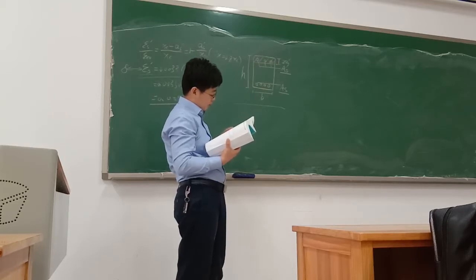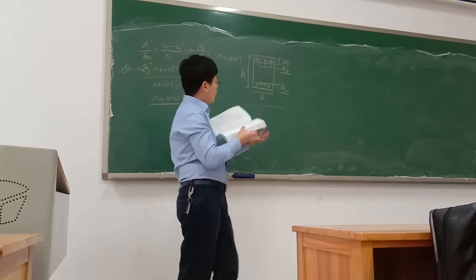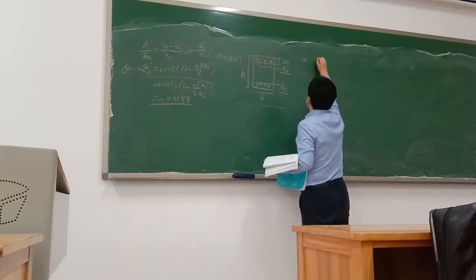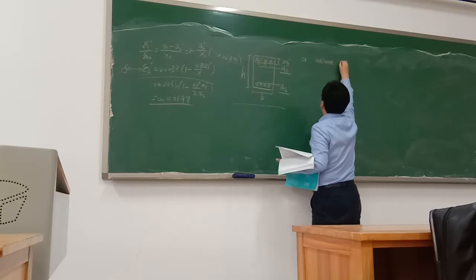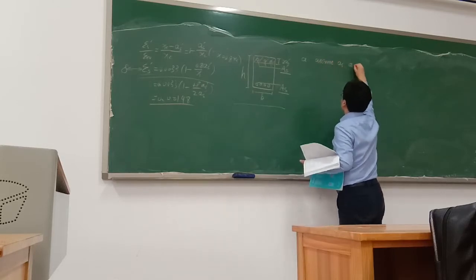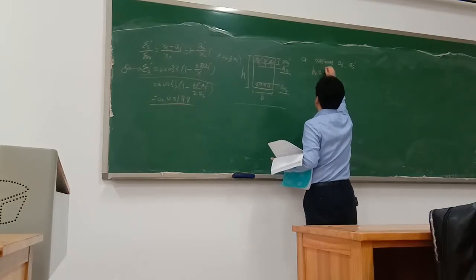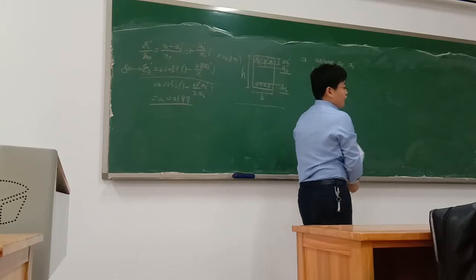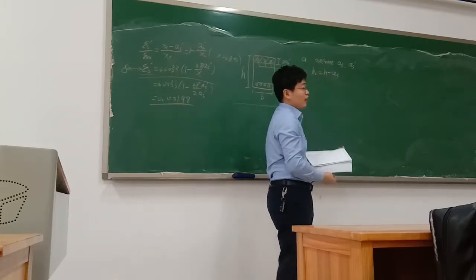The first step, assume AS and AS prime. So that means we get H0 minus E. The purpose of assuming AS is to get H0, the effective height.